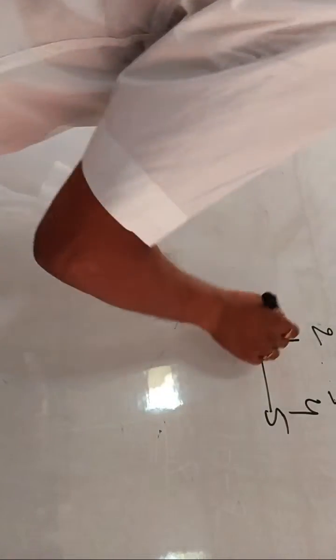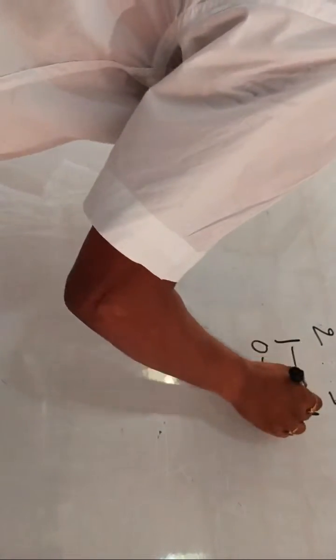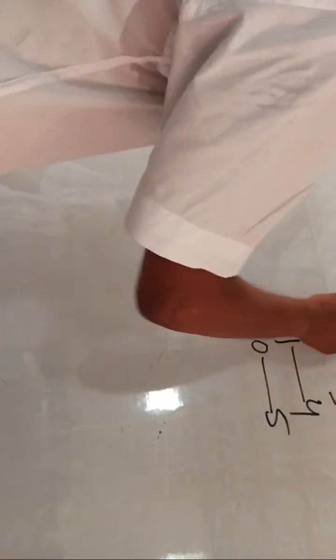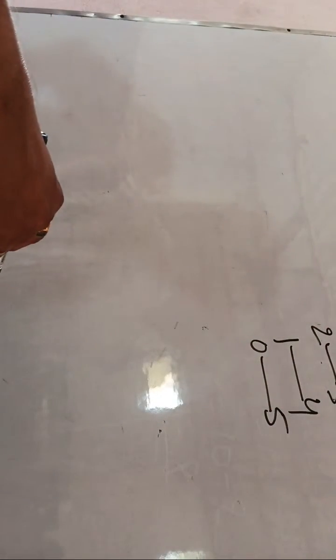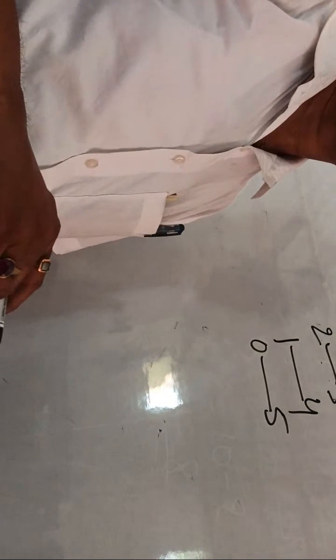When the value of x is 1, then the value of y is 4. When the value of x is 2, then the value of y is 3. Now we can draw lines on a graph paper. How will the lines be drawn? I am drawing it here.